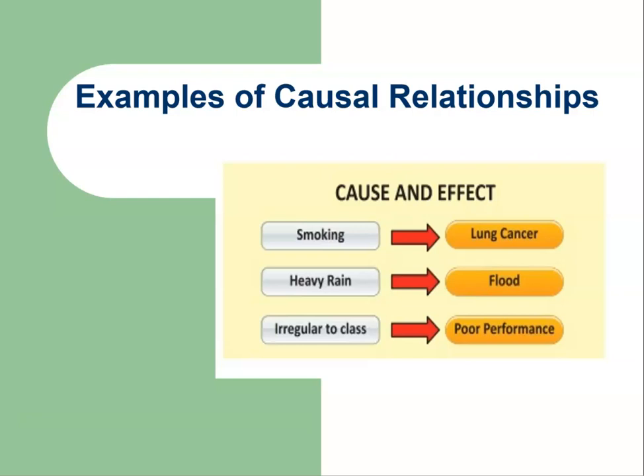So ladies and gentlemen, in this video I tried to explain the main difference between the coefficient of correlation and the chi-square test statistic. As you remember, the coefficient of correlation is used for quantitative variables, whereas the chi-square test is used for categorical variables.